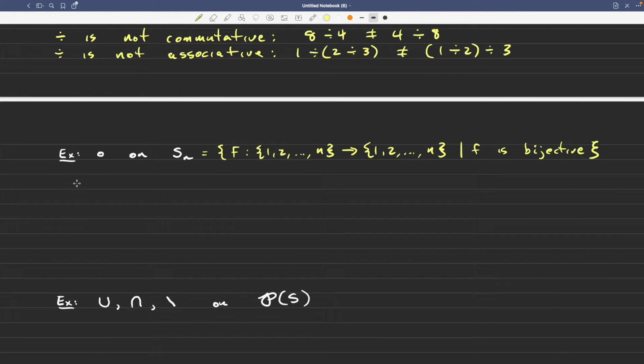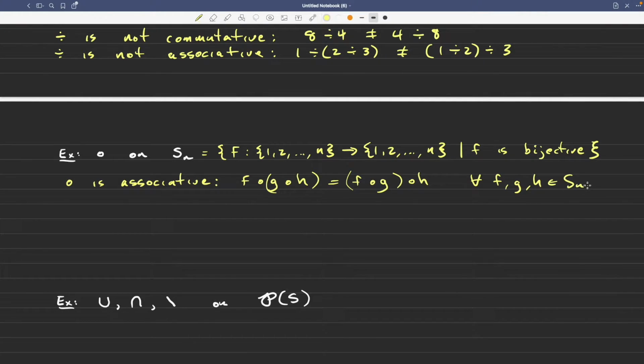And we do know that composition is associative. We had a theorem that said in general, composition of functions is an associative operation. So we know f composed with (g composed with h) is the same as (f composed with g) composed with h, like that. And that's true for every f, g, and h in Sn.